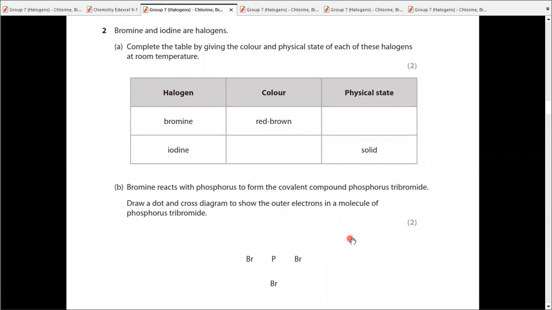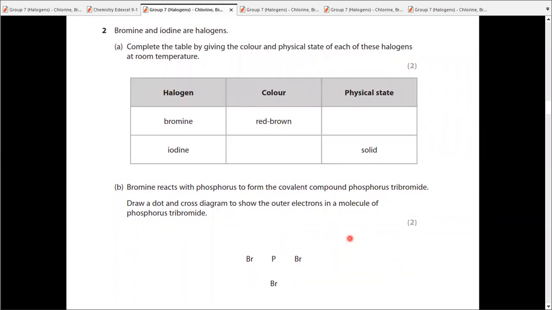Bromine and iodine are halogens. Complete the table by giving the color and the physical state of these halogens at room temperature. For bromine, the physical state will be liquid.